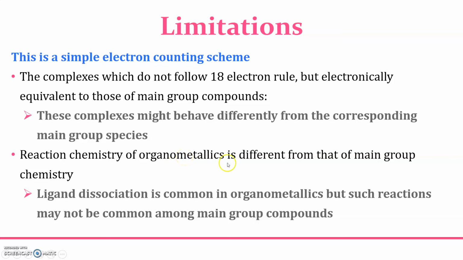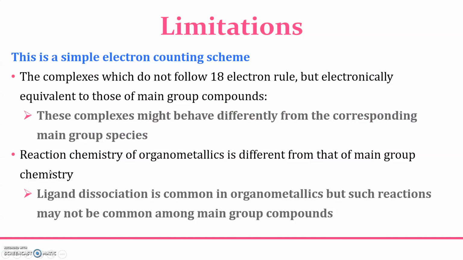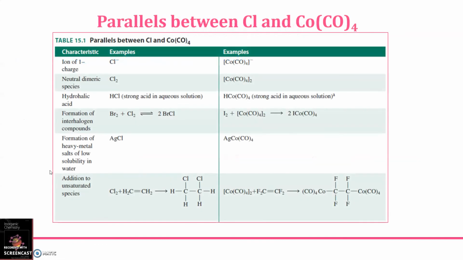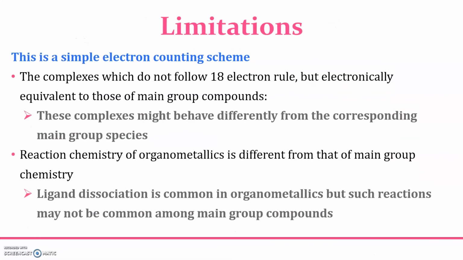Sometimes the reactivity of the organometallic fragment and that of the main group fragment will be more or less the same, as we have seen in the case of chlorine. Here there is a similarity in the reactivity, whereas here the reactivity may not be the same in all the cases, because in organometallics we come across the ligand dissociation reaction.